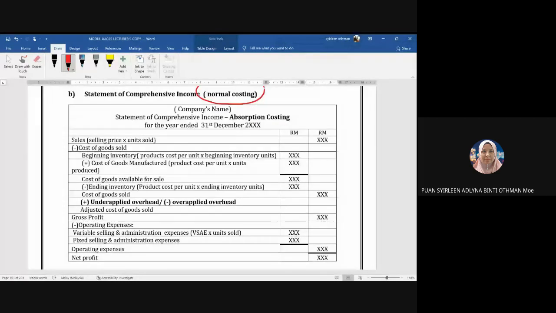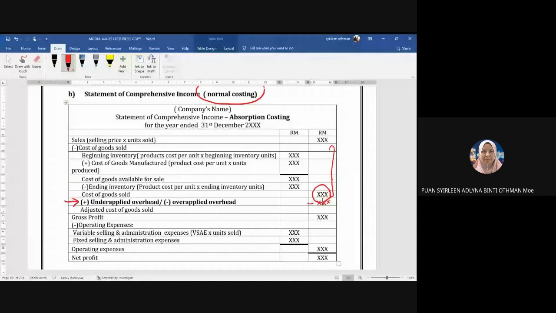Cuma bila you selesai kira sampai COGS dekat sini, awak kena adjust under applied or over applied. So kalau under applied, dia akan letak kat sini, dia akan tambah. Okay, tapi kalau over applied, dia akan tolak dekat sini. Okay, sebab dia ada satu item tambahan dekat sini.